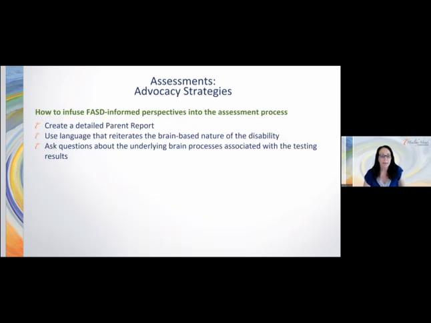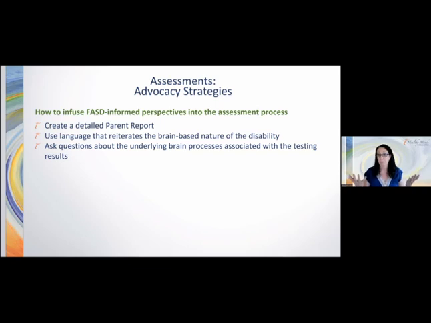So one of the advocacy strategies that you can use is to create a parent report that really details your child's specific areas of need and how these needs are effectively and appropriately supported. And you can provide the team with this report in advance of the initial or any subsequent assessment so that it can be reviewed and considered in conjunction with all of the other assessment reports.